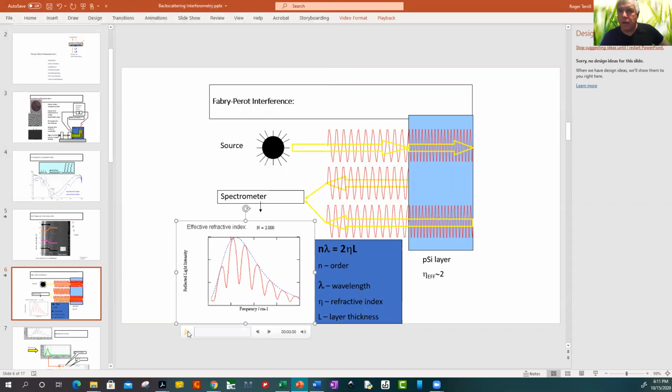Okay, so here's what happens. As you change the refractive index in the capillary, the spectrometer sees this changing pattern of interference fringes. And I'll put this on the web for you guys to play with. But it's a simple thing, right? But you can see that there's a couple things happening.